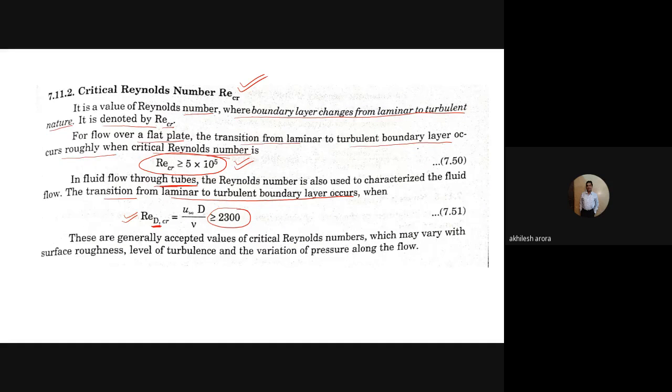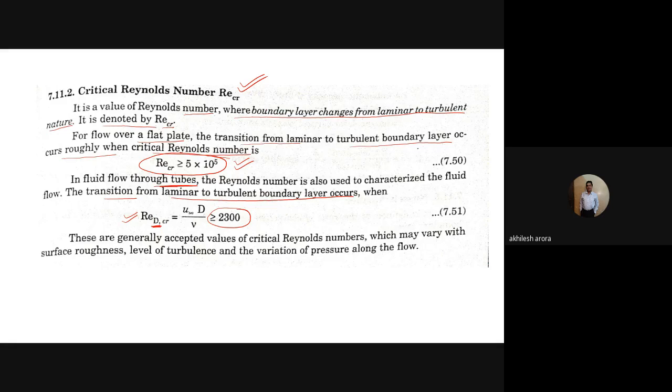I would like to clarify here: the moment the geometry changes, for example if we are considering a flat plate, the characteristic length is L. If we are considering a pipe flow, the characteristic length is D. Sometimes we take different types of shapes also, for example a square tube or a rectangular tube through which the flow is taking place, so we will have to consider a different value of the characteristic length.